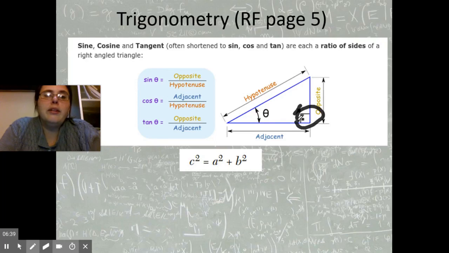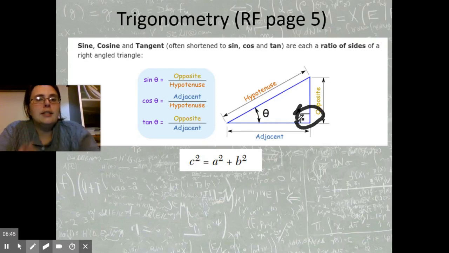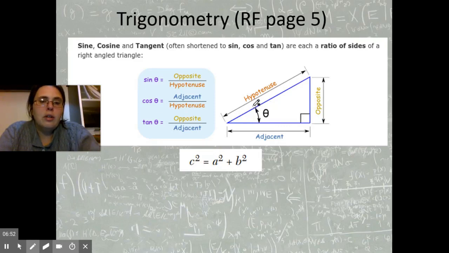So anyway, there are 3 different ratios. Actually, there's more than that, but these are the ones that we'll use in this class. It's the sine of theta, and theta is the angle that we're looking at. In this case, the angle is here. Now, the angle could also be here, but it just changes what angles we're talking about.